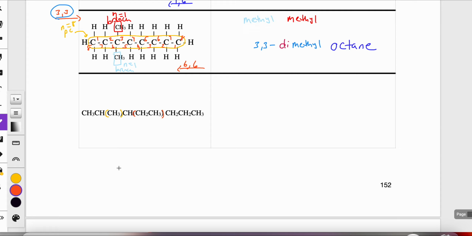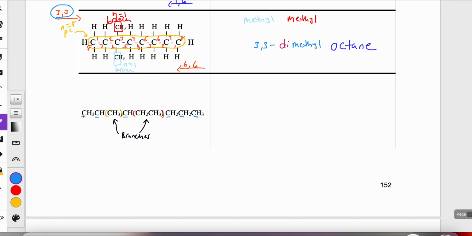In the condensed formula, this is a huge clue that these guys are branches. So this is a branch and this is a branch. So these are examples of branches. The carbons not in the parentheses, these are the parent chain carbons. So I underline them in blue.